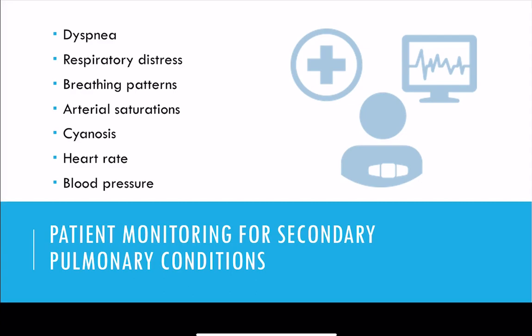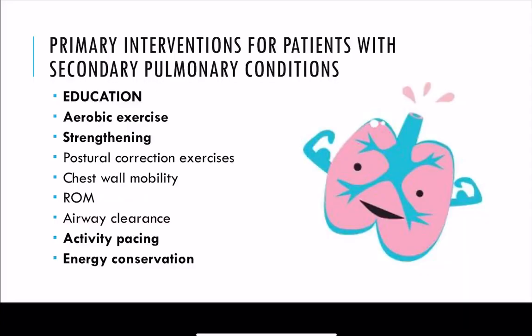When you see a patient with secondary pulmonary conditions where lungs are being affected by an outside-of-the-lung problem, we can do things for the patient. And a really big thing is just teaching them about that, about how a condition that's affecting their skin and their connective tissues is playing a role in their lungs.